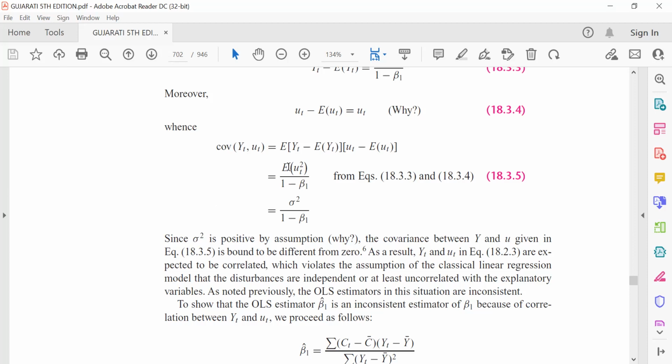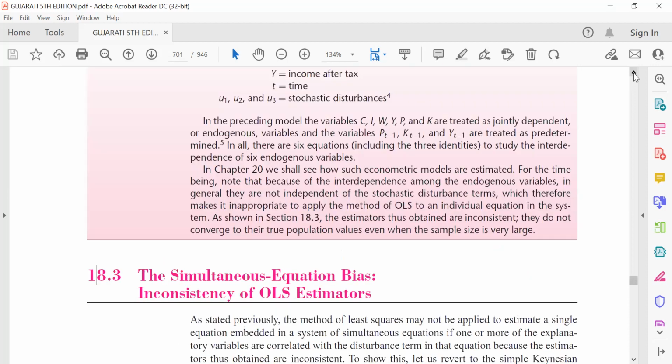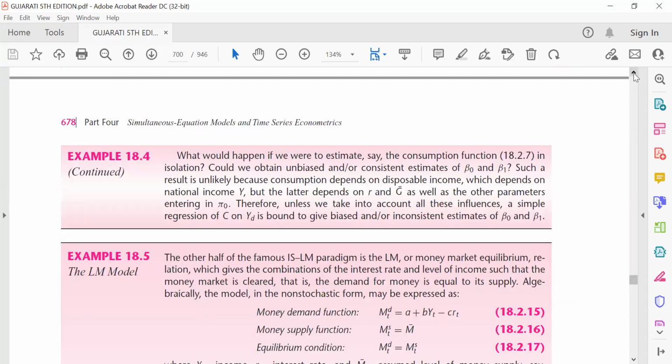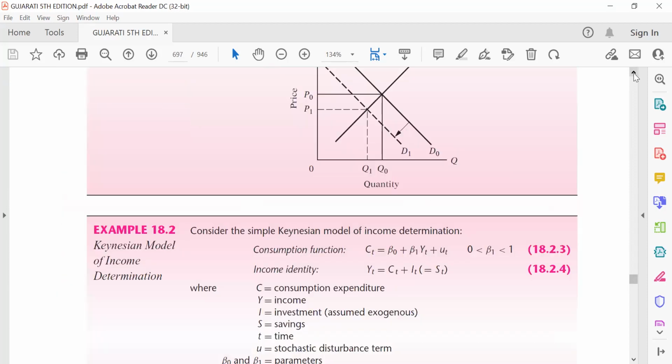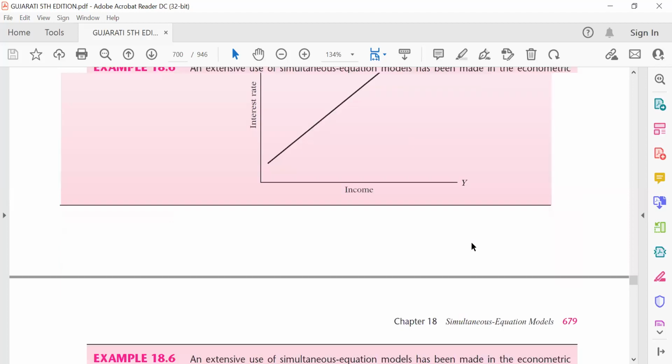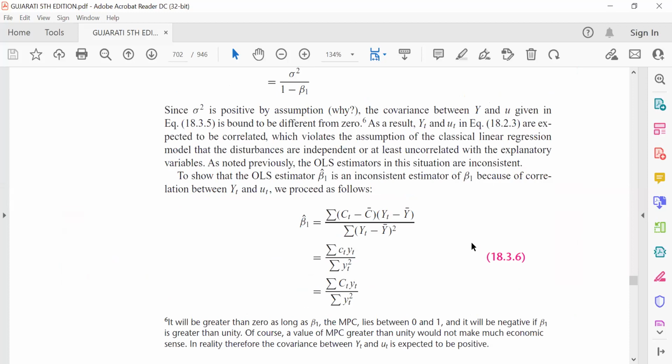Okay, this one is not equal to 0. The OLS estimator in this model is not consistent.